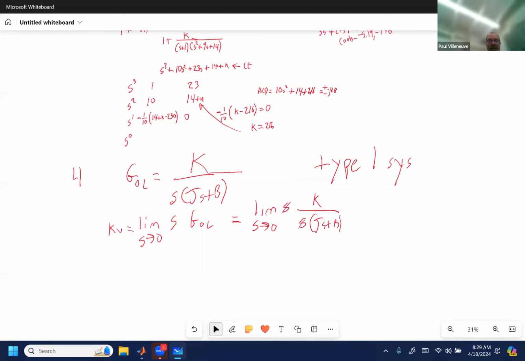And when I do the limit, the J times S term goes away. So that's equal to K over B. And unless you were told otherwise, you can just assume it's a unit ramp input. So ESS is equal to 1 over K over B, which is just B over K.